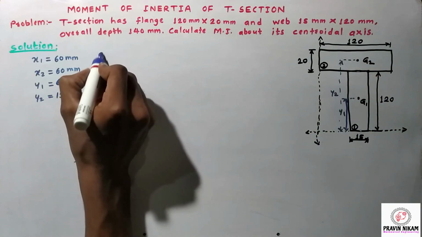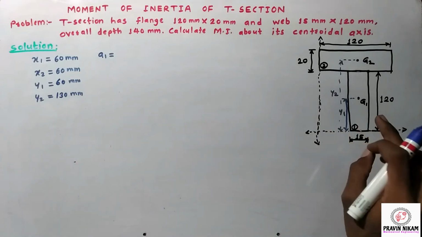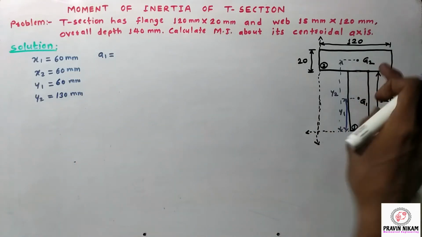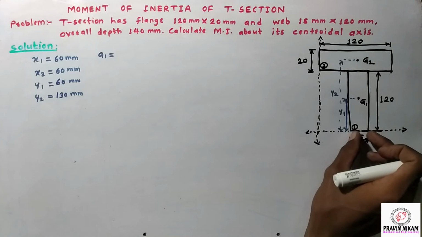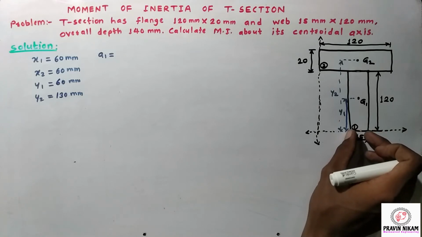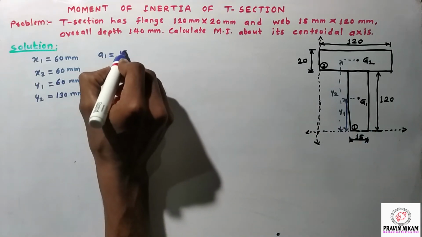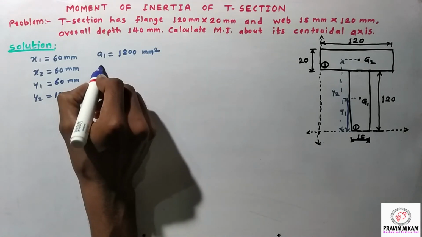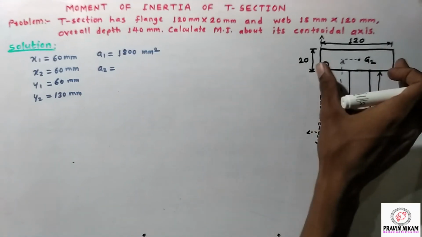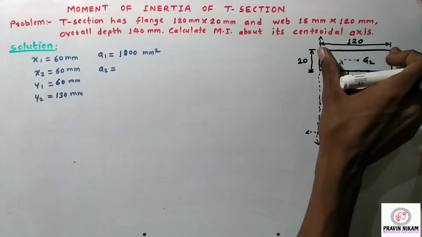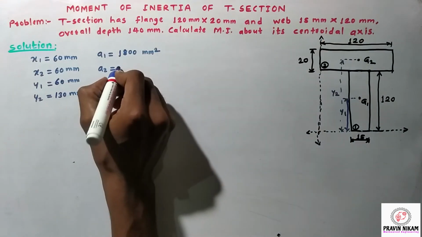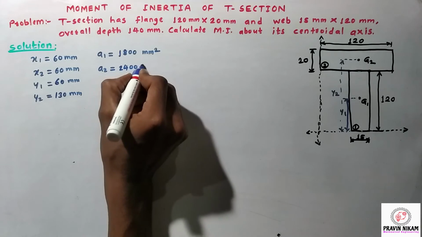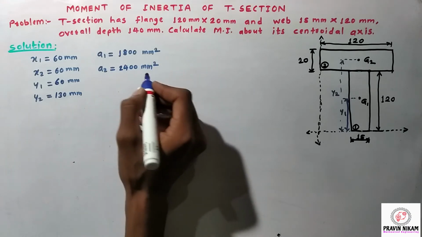Now A1, the area of section 1, is 120 into 15, that is 1800 mm square. And A2, the area of section 2, is 120 into 20, that is 2400 mm square.